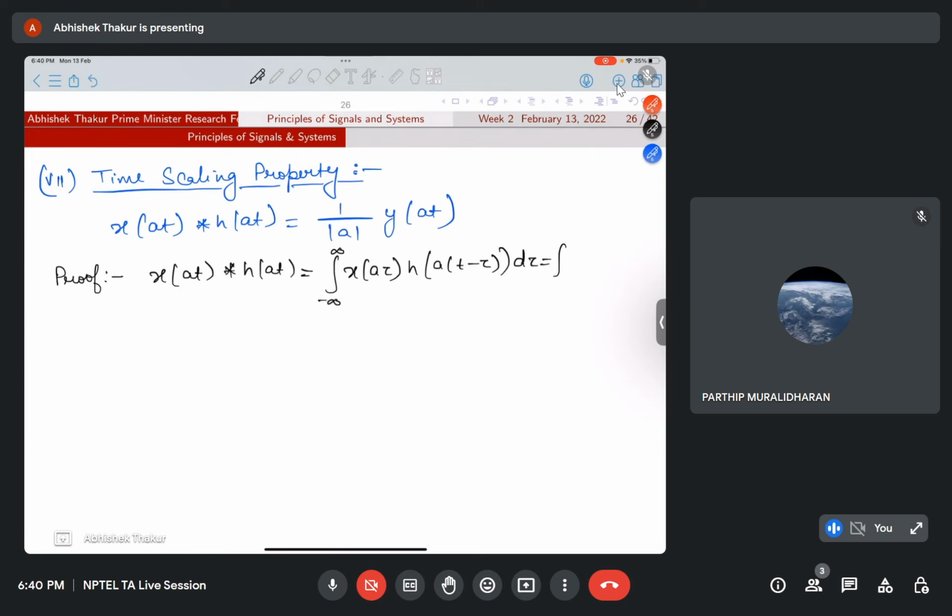So this will be integral from minus infinity to infinity of x(a tau) into h(at minus a tau) d tau. So now let us assume here a tau is equal to z.